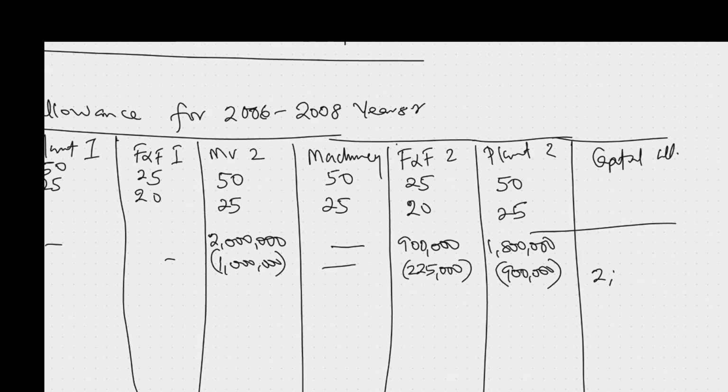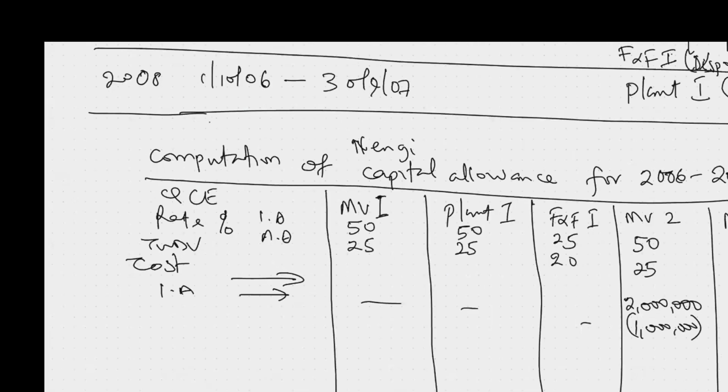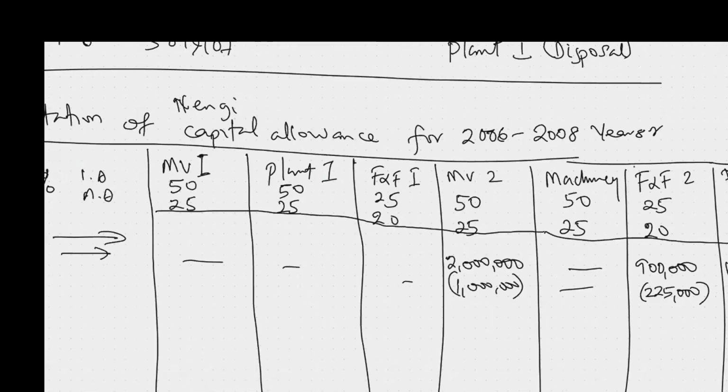So I'm trying to bring in the tax original value on this. For the first one, it is 1.8 million, right? The tax original value of this was 1.8.